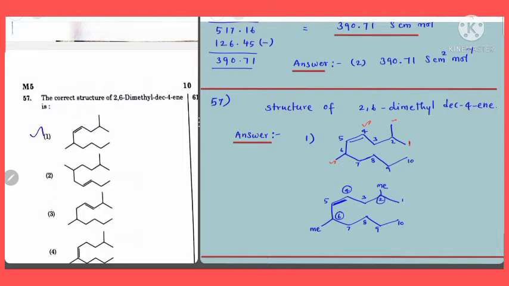I have explained how the first one is the correct structure: one methyl group at the 2nd carbon, another at the 6th carbon, totally 10 carbons, decene, and a double bond next to the 4th carbon. So dec-4-ene.